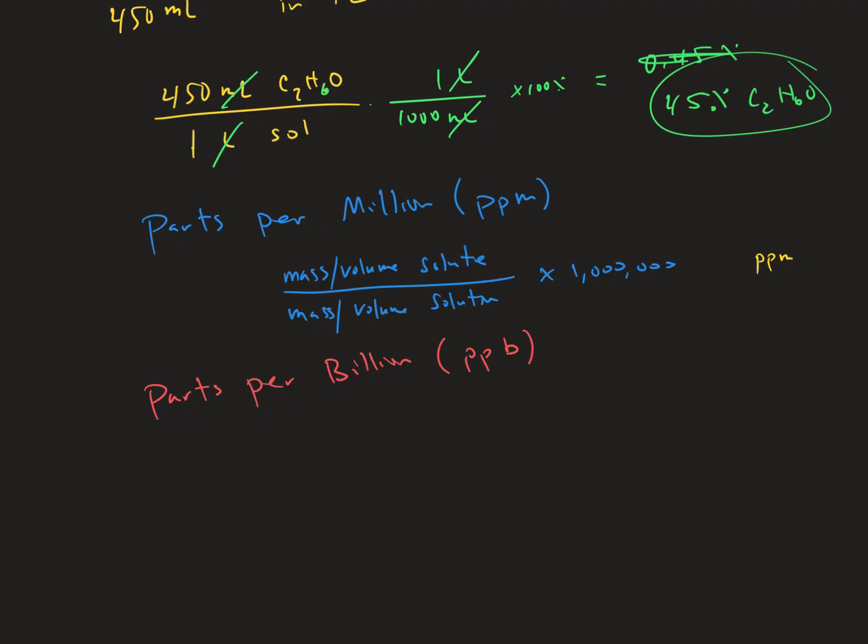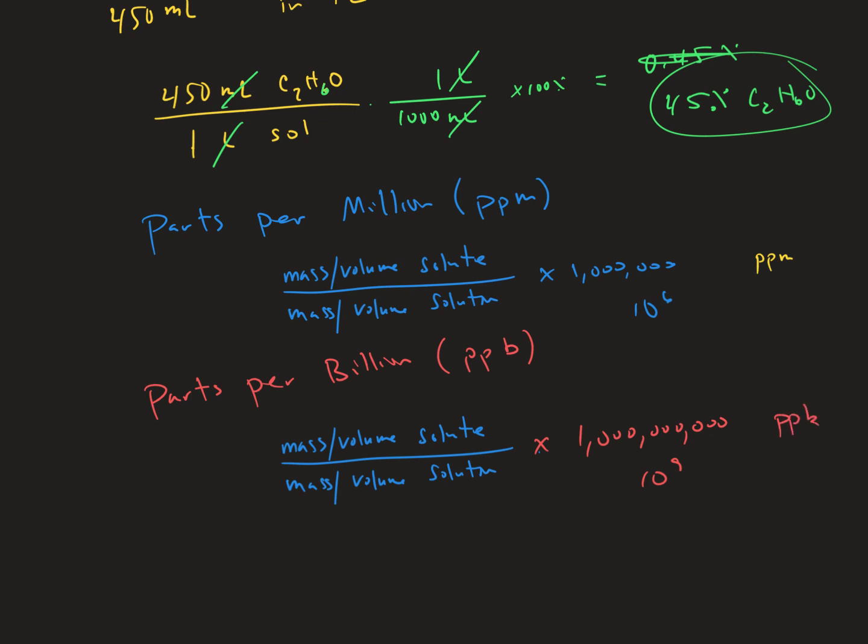Exactly the same thing. This time, we're going to do times 1 billion. What's another way to write 1 million, guys? 10 to the 6. And this is 10 to the 9. And that's going to be parts per billion. So basically the same thing, just slightly different, right?